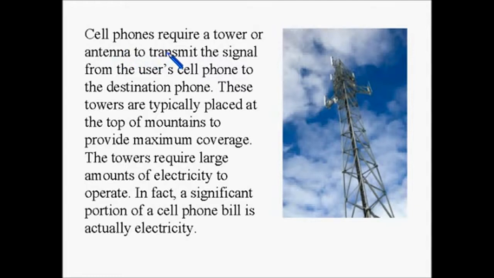Cell phones require a tower or antenna to transmit the signal from the user's cell phone to the destination phone. These towers are typically placed at the top of mountains to provide maximum coverage.